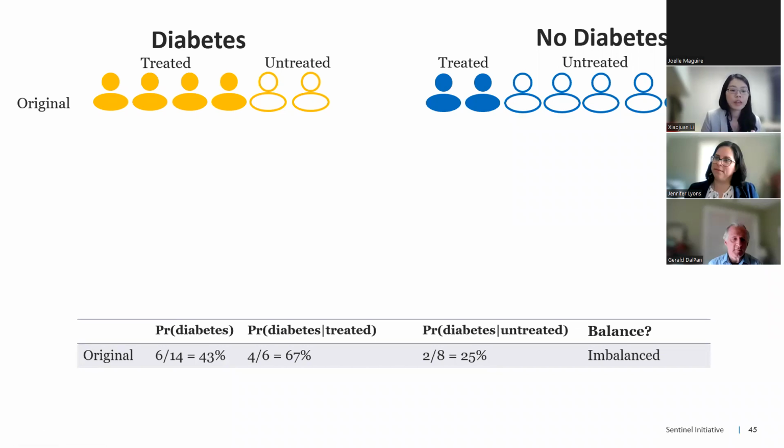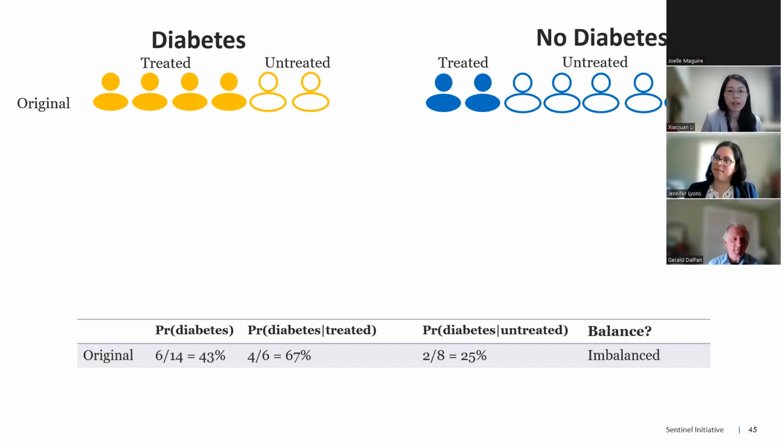And within the treated group of 6 individuals, there are 4 people who have diabetes. And so the proportion of having diabetes among the treated group is 4 divided by 6, since there are a total of 6 treated patients, which gives us 67%.